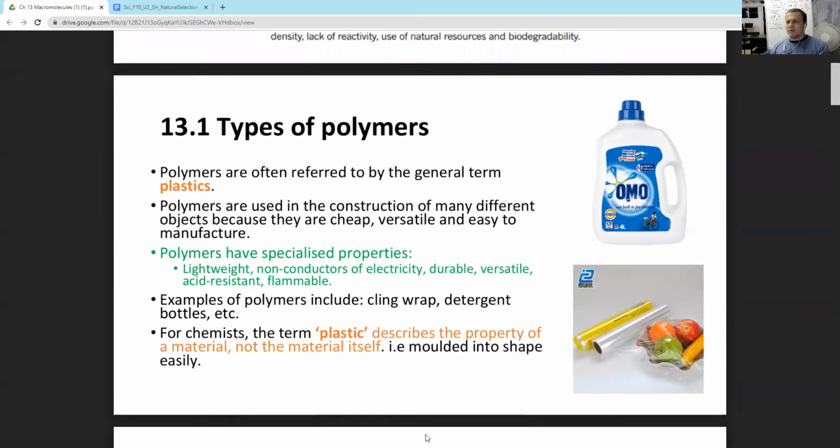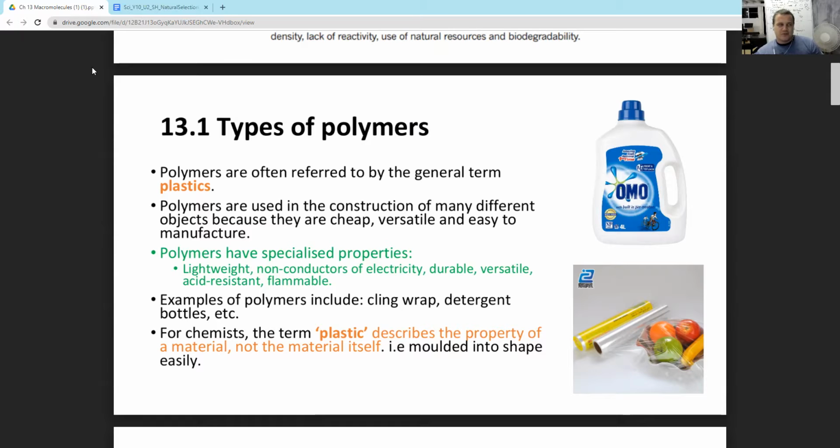Yep, but Ross, where do we get them from? So yeah, we get them from fossil fuels.